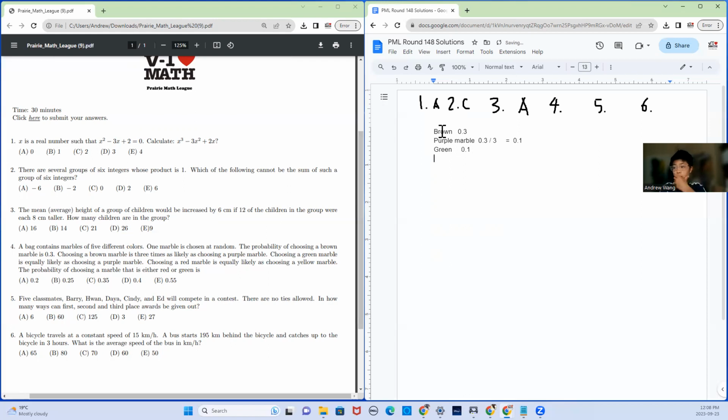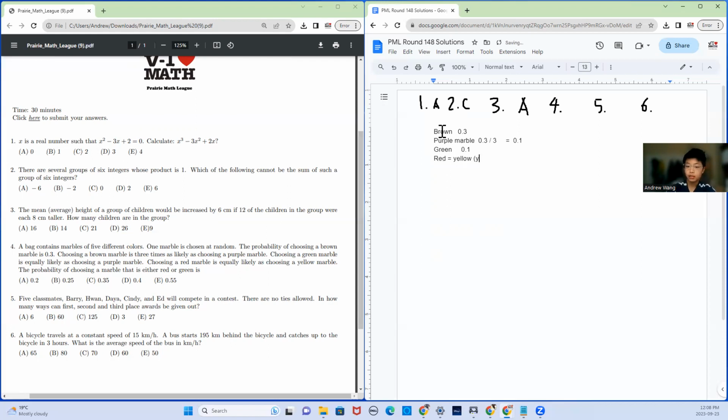Now this is the part where we have to do a bit of calculation. It says choosing a red marble is equally likely as choosing a yellow marble. So we know that the red probability is equal to yellow.